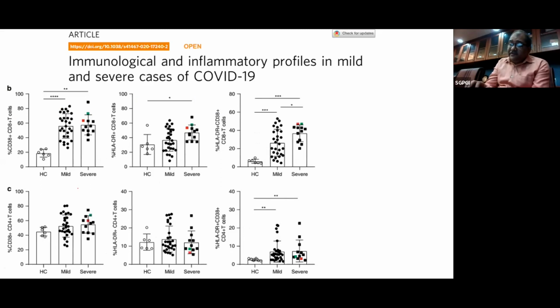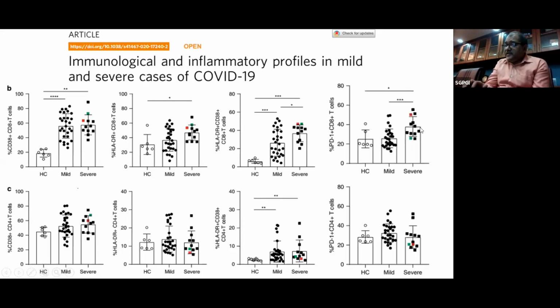Then they looked at the activation of the T cells. The activated T cells were similar in both mild and severe groups, though there was some suggestion that the severe group had higher levels of activated T cells, whether cytotoxic CD8 positive T cells or CD4 positive T cells.